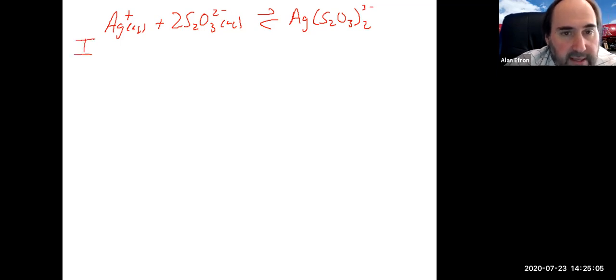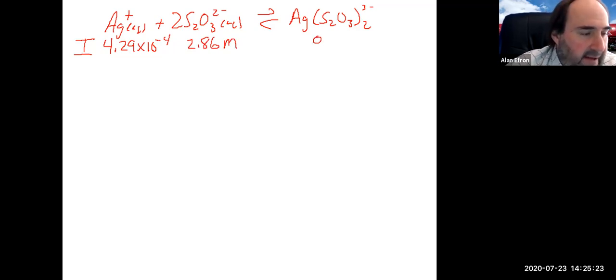Initially, we calculated that the initial concentration of the silver when I mixed it was 4.29 times 10 to the minus 4. It was also 2.86 molar for our ligand. This would be 0. Again, here we saw that the Kf value was pretty large, and a complex ion is being formed here.